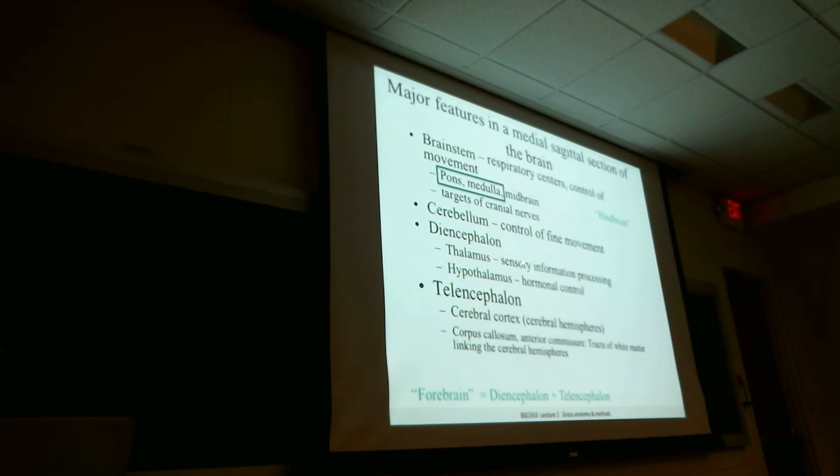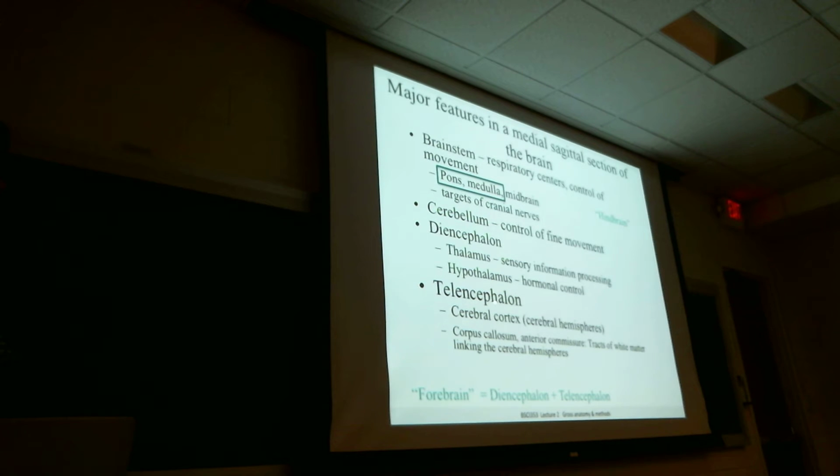Then you have the cerebellum. The diencephalon consists of the thalamus and the hypothalamus, which have very important functions. The thalamus in particular is sort of a hub of sensory information processing. Everything comes up through the thalamus and then out to the cortex. The hypothalamus, which you've probably heard of before, is really important for hormonal control and different aspects of appetitive behavior and so on.